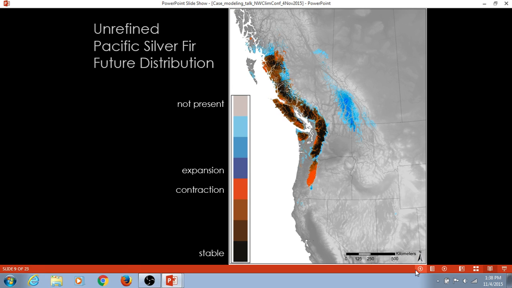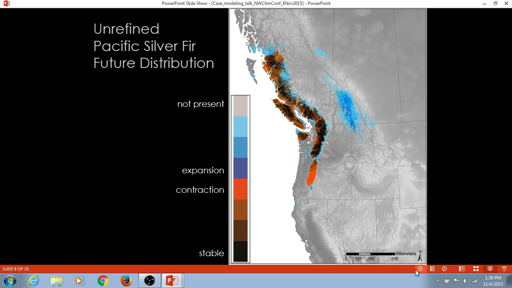So the intensity of the colors on this map represent the GCM model agreement. So again, we had those 5 GCMs, general circulation models, for the future. And if they all agreed, it got a really bright color. So for areas of expansion, it was bright blue, contraction, bright orange.